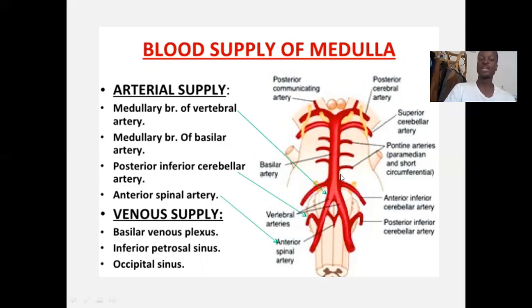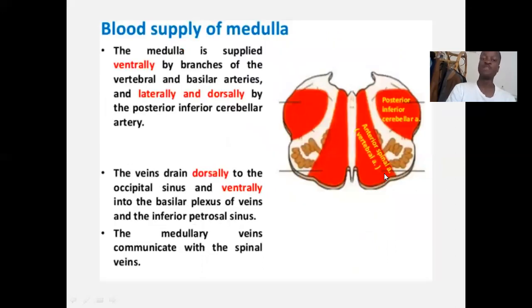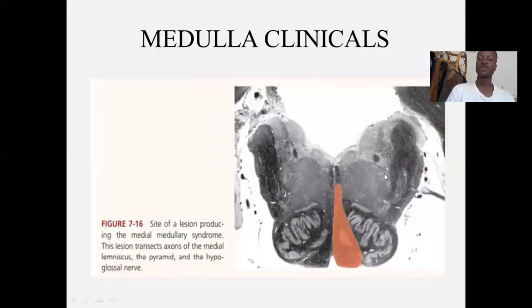Then the venous drainage would be into the basilar venous plexus. You have the inferior petrosal sinus as well as the occipital sinus. And occlusions of these arteries will actually result in clinical syndromes to include your medial medullary syndrome and your lateral medullary syndrome, right? So this is the site of the lesion if it's going to be a medial medullary syndrome.